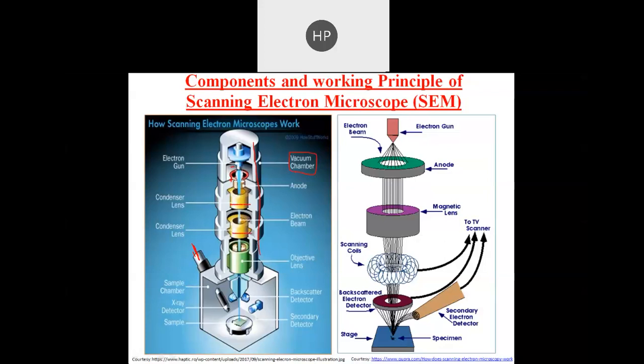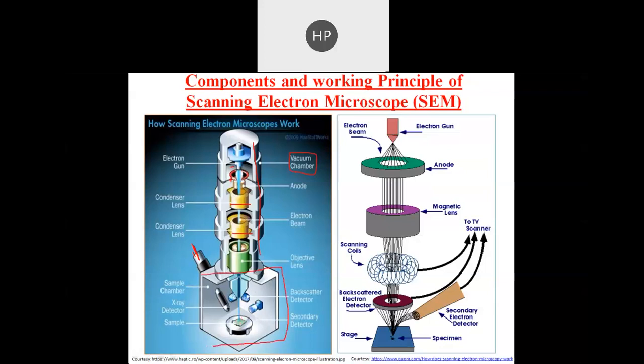Then we have scanning coils, and the electron beam is transferred and strikes the specimen, and from that specimen various electrons are generated.